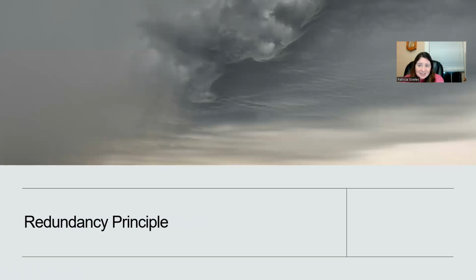The redundancy principle is actually telling us that if you have images and text on screen, and you have some audio, and you play the closed caption at the same time, it can be too overwhelming and the person is going to miss part of it.